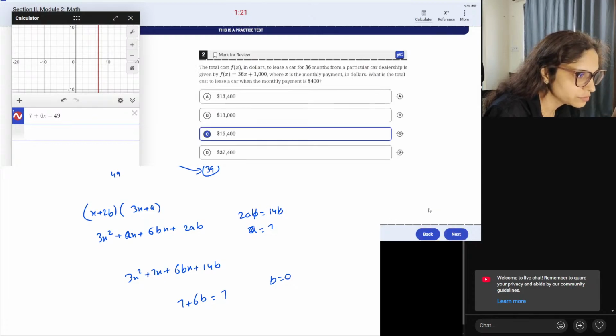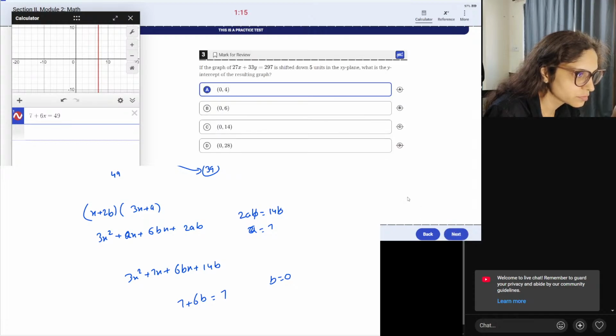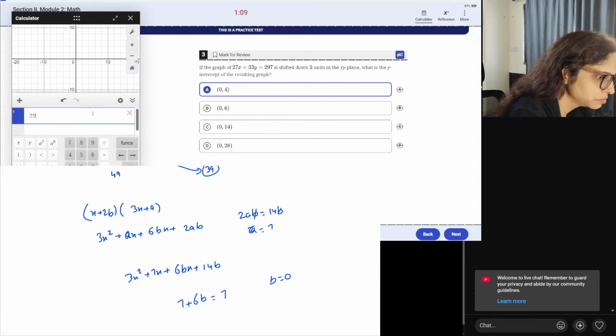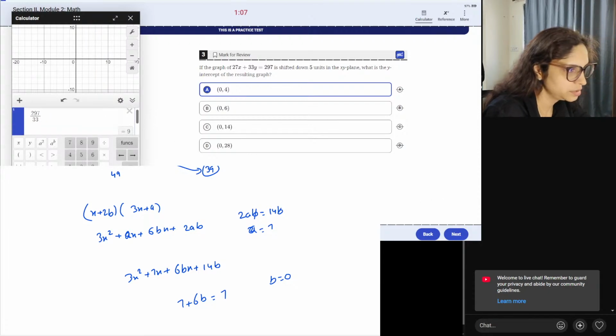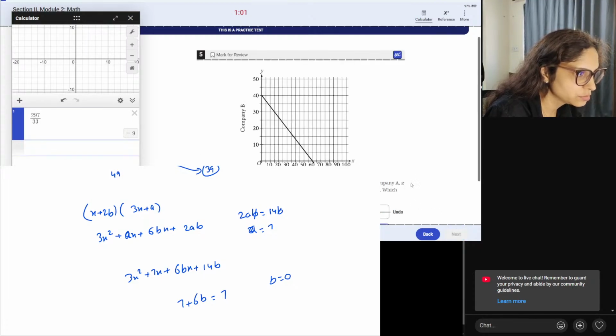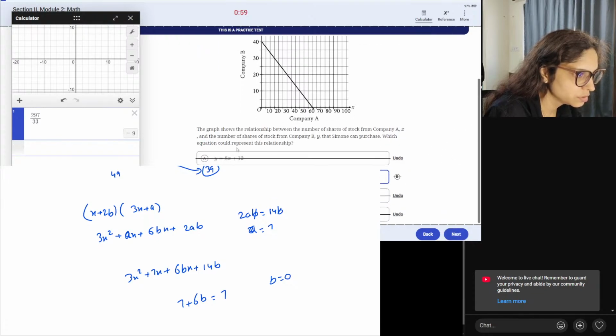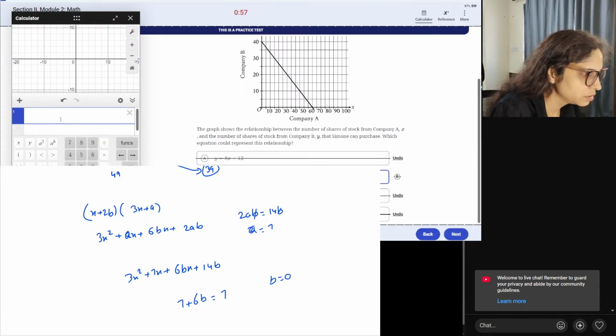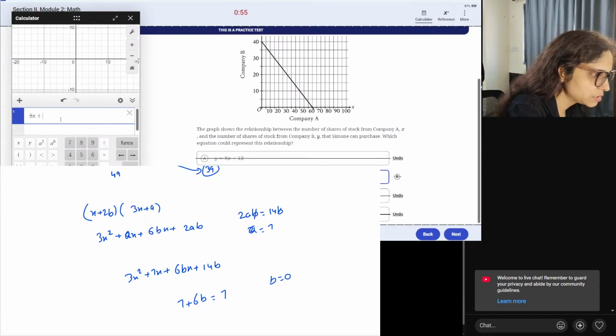4x is equal to 12. Yeah, this we did use Desmos. Y-intercept 0, -2. 8x plus 12y is equal to 480.